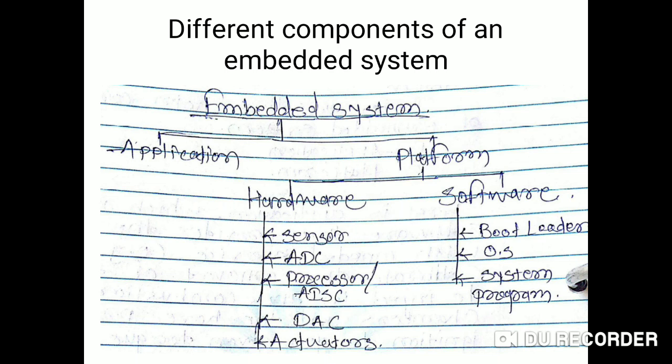Second is the platform, which is the combination of hardware and software that provides the application with the resources it needs to perform its task. Software can be broken down into three further components, namely the bootloader, operating system, and the system programs.